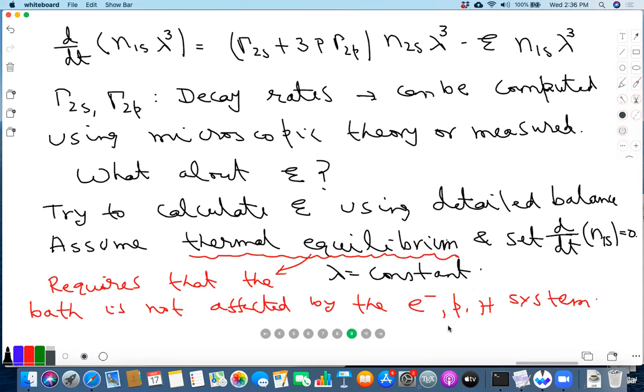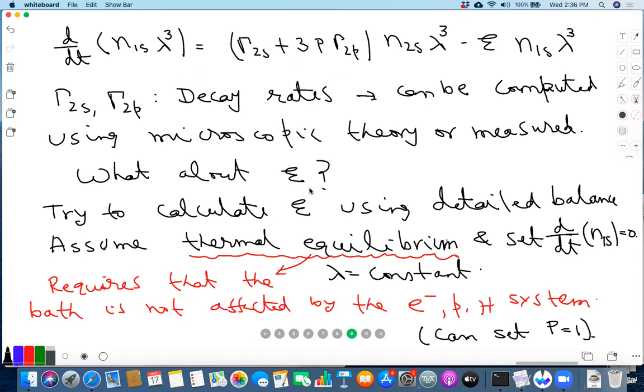We can set P equal to 1. This is an important point. Because what does P represent? P represents the fact that once you produce a thermal 13.6 electron volt photon, that photon is going to hit another 1s atom and excite it.